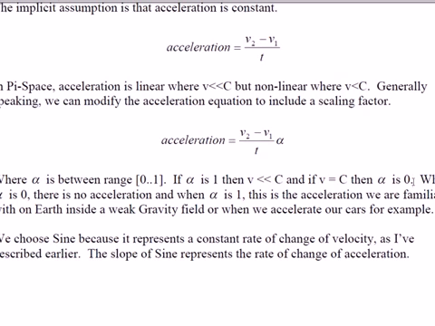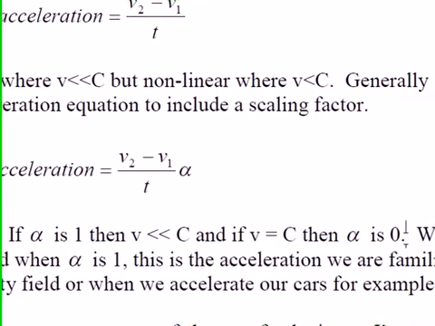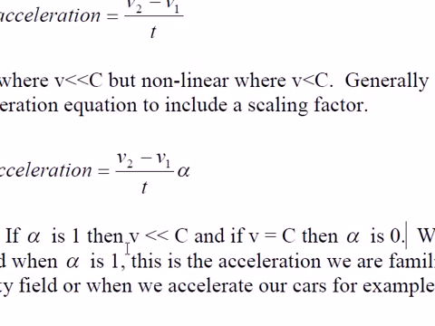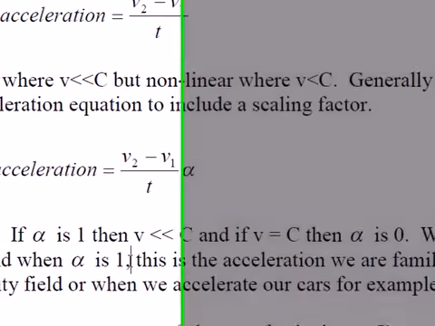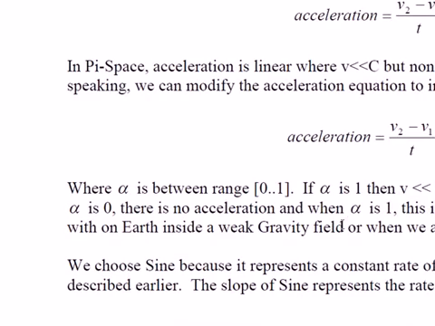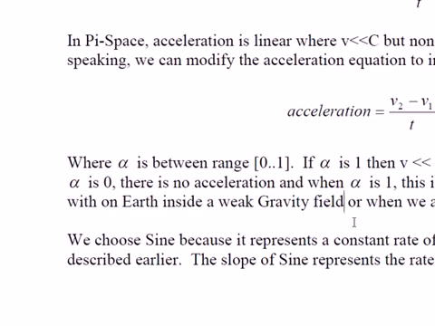If you're at a higher velocity near relativistic speeds, it should be less than 1 and close to 0 near the speed of light. Pretty much 0 at the speed of light. So when there's virtually no acceleration, the gamma value is 1, and when you're inside a weak gravity field, the value should pretty much be 1.